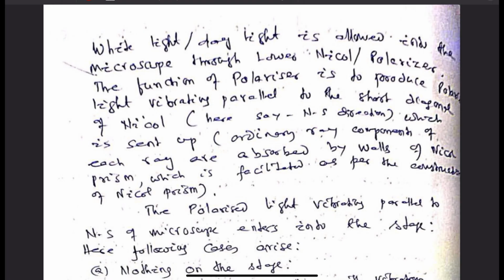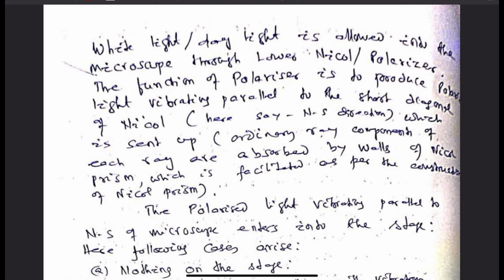The function of the polarizer is to produce polarized light, and this polarized light may vibrate parallel to north south or east west of the microscope. This facility varies from microscope to microscope. Here we will consider that the light that comes up from the polarizer is vibrating parallel to the north south of the microscope, and in this condition it is sent up.